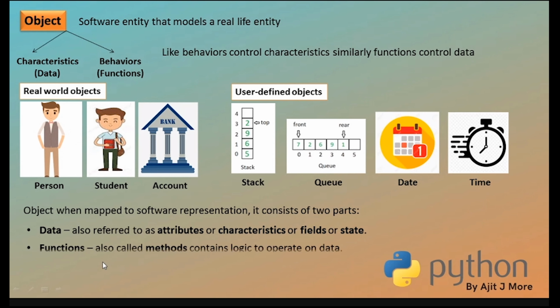And when these objects are mapped to your software representation, they will have functions, and functions are also called methods. Inside a function, there is code, the logic: calculation, printing work, decision making, loops, anything can be there. So they are also called methods, which contain logic.